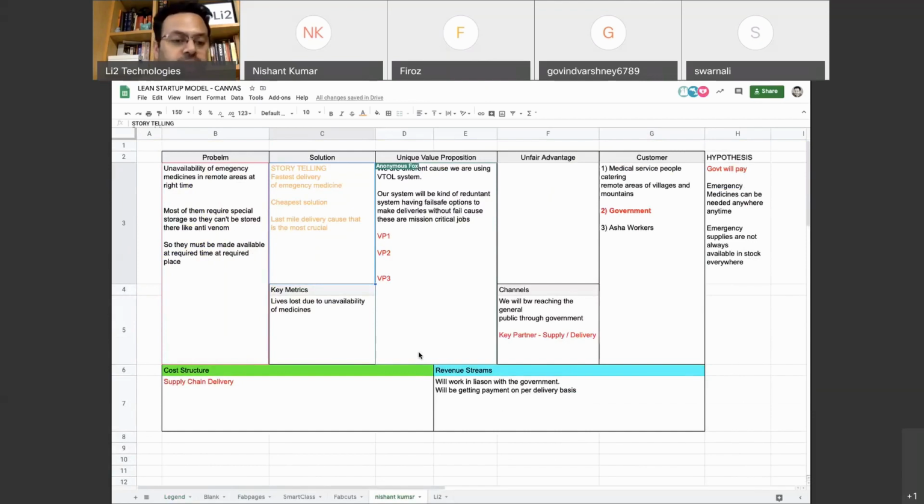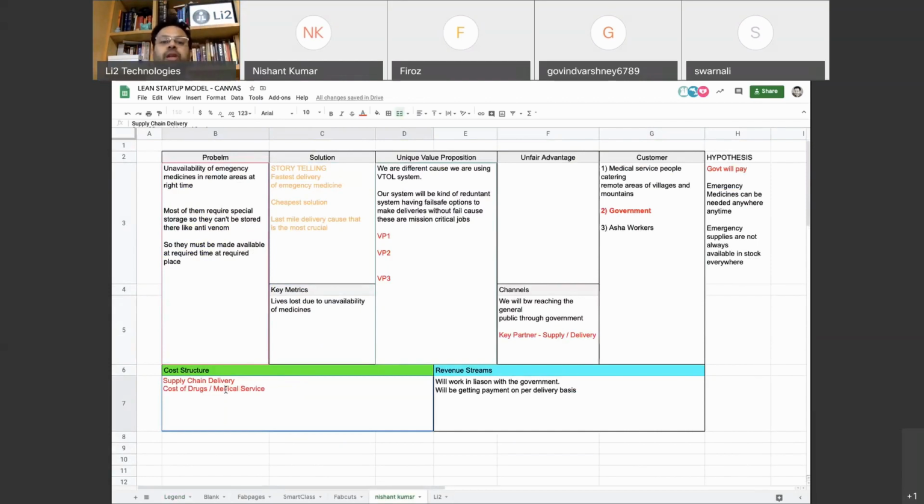The other cost structure is obviously the cost of drugs, or the service itself, emergency service or medical service or whatever that you're offering, that's the cost, right?